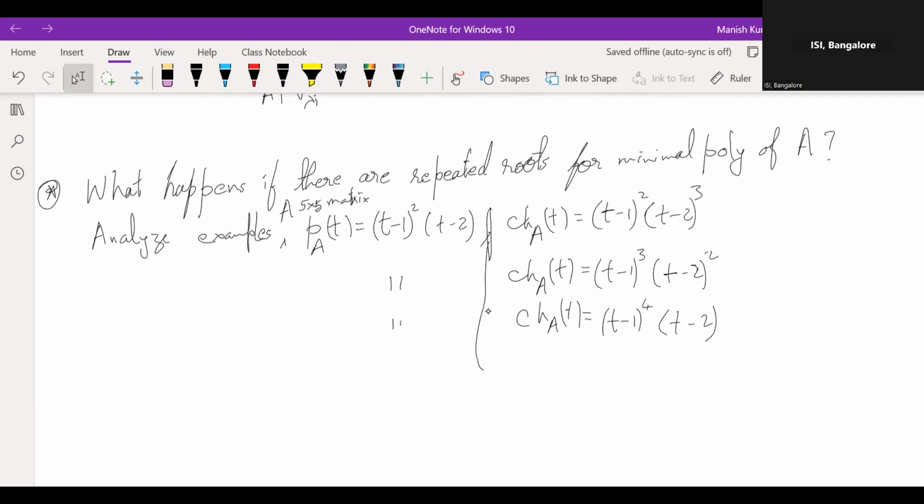So let's try to analyze what the Jordan block will be in this situation. Suppose the minimal polynomial is (t minus 1) square times (t minus 2), and the characteristic polynomial is (t minus 1) square times (t minus 2) whole cube. Then in this case, what will the Jordan form look like?